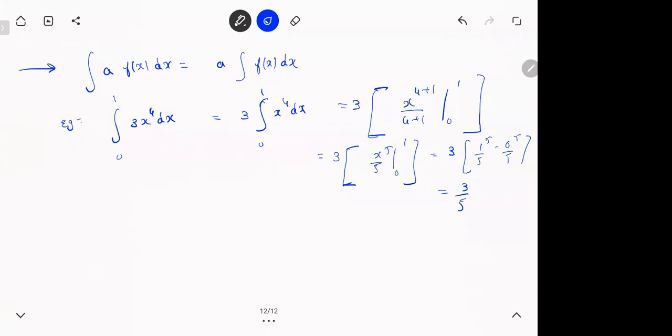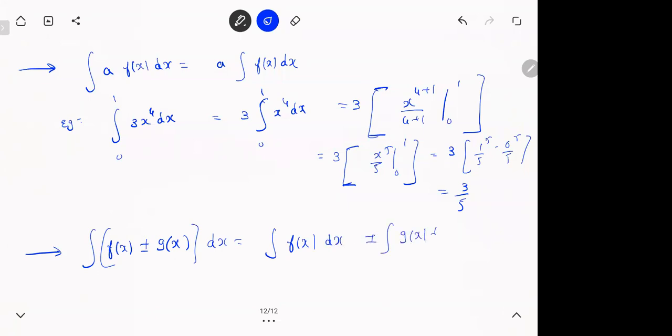Then the next one. Integral f of x plus or minus g of x dx. If you have two functions, then it is integral f of x dx plus or minus integral g of x dx.